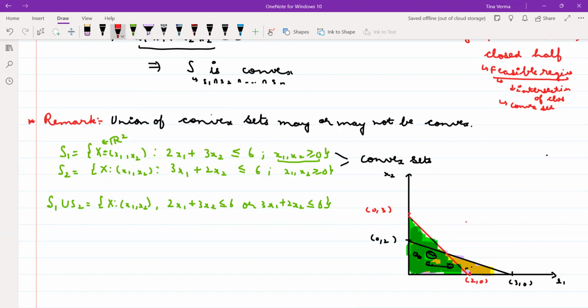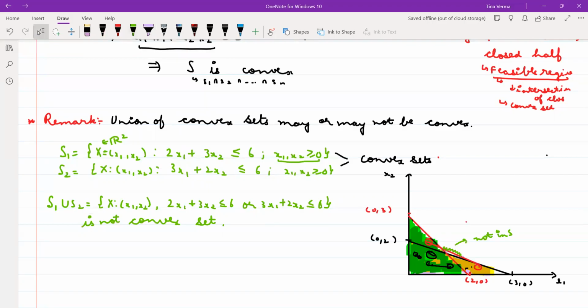That means now if you take one point over here, and a second point over here, and join them by a line, you can see the points lying over here are not in S. That means it is not in the union, which clearly says it is not a convex set. So you have given a counter example: two sets which are convex, but their union is not convex.